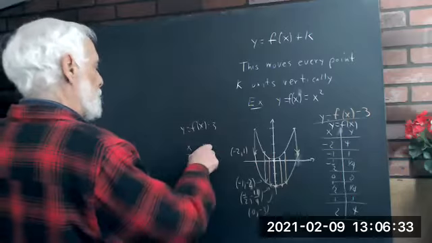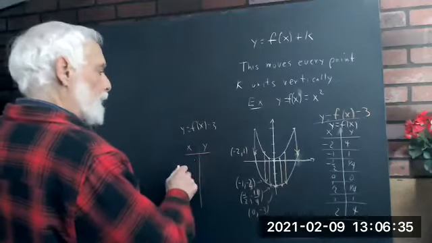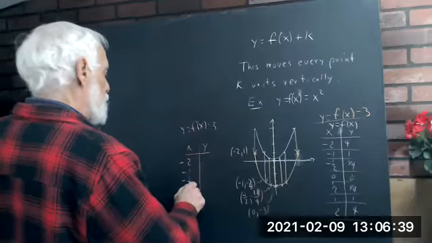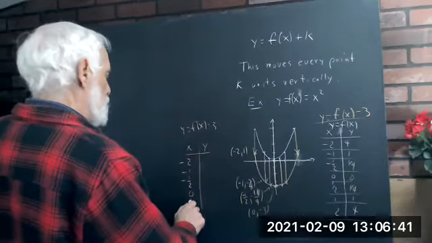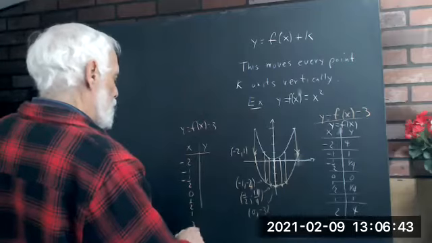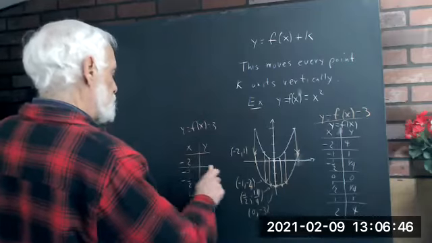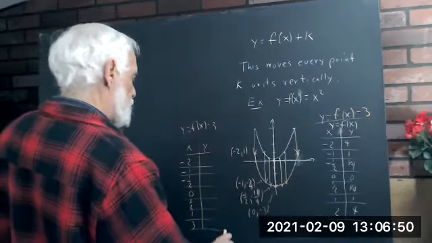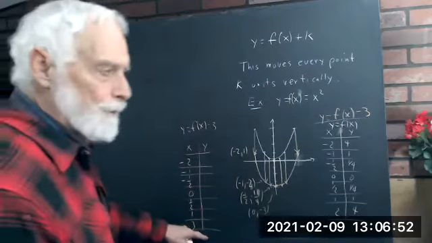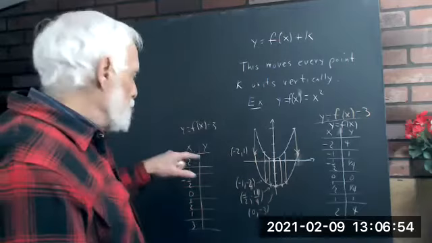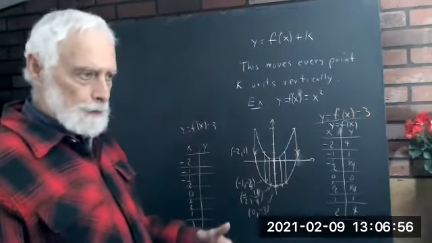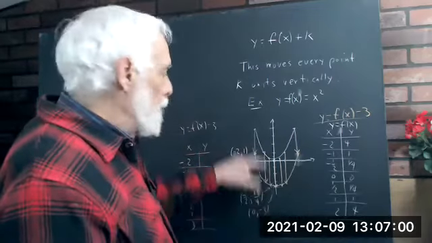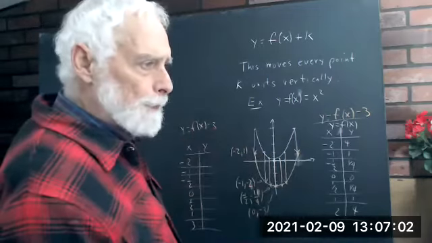So we got x and y here. So now we've got -2, -1, -1/2, 0, 1/2, 1, 3. Now I'm emphasizing that these numbers are not numbers that I calculate. These are numbers that I have to work out by what's going on with the graph.